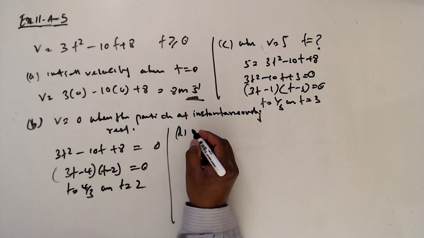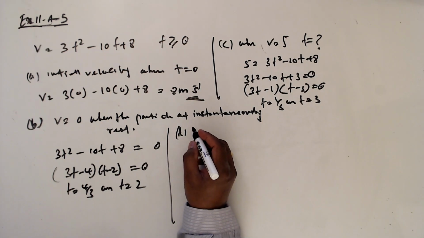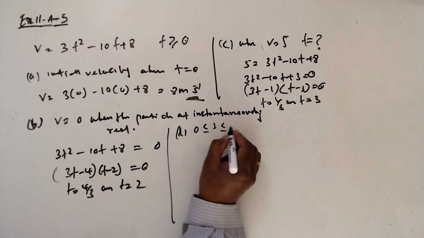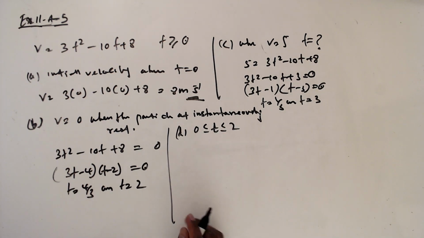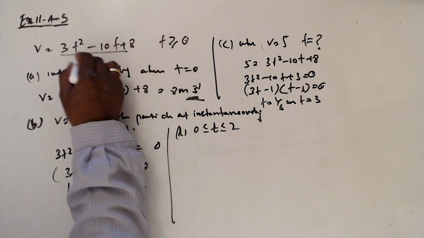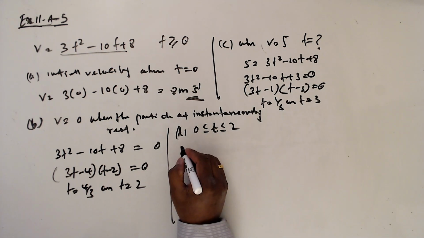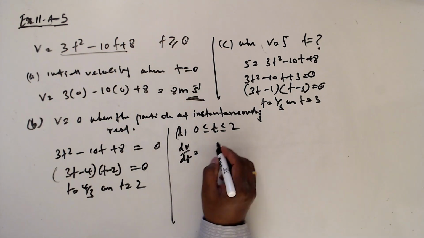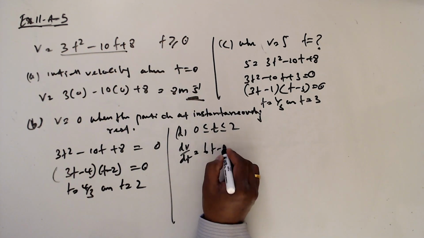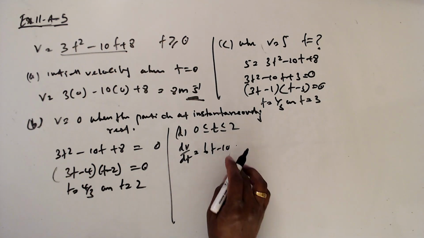Part D, we need to find the greatest speed of the body in the interval 0 less than t less than 2. First of all, this is a quadratic curve and it has a minimum. So we will get an idea about the minimum. dv over dt equals 6t minus 10.